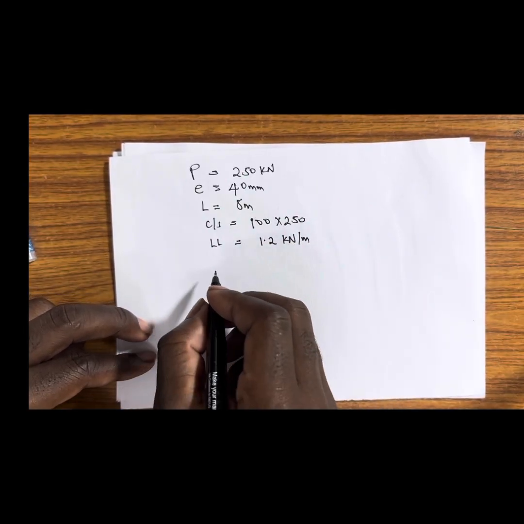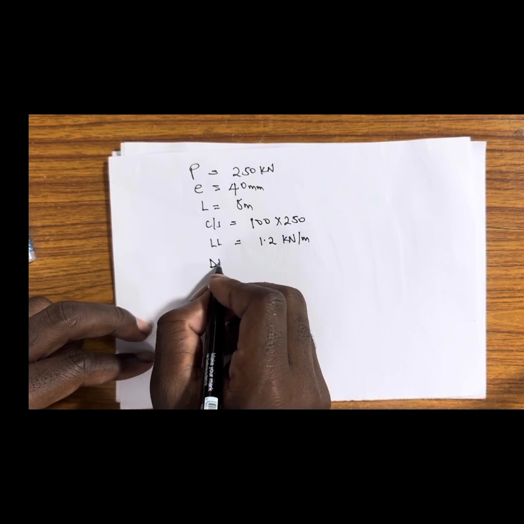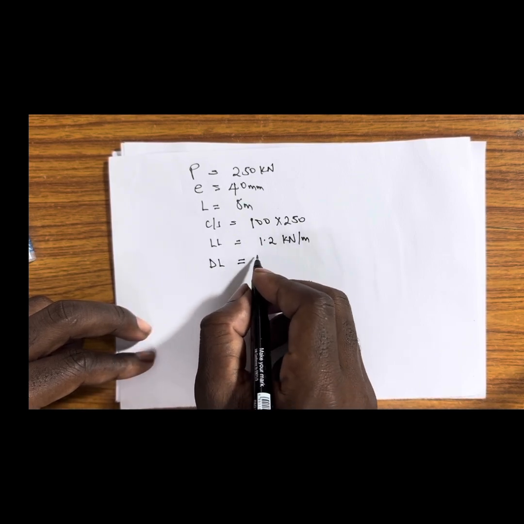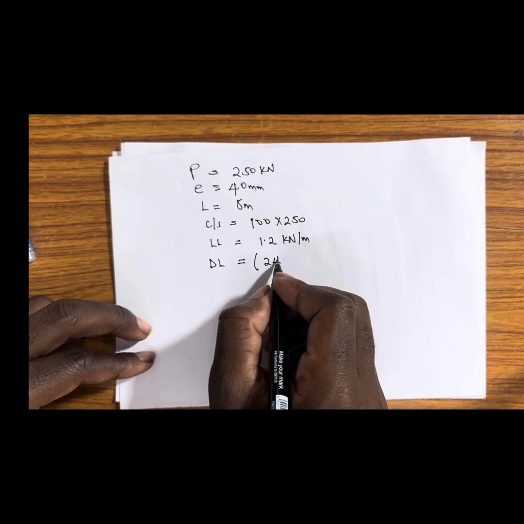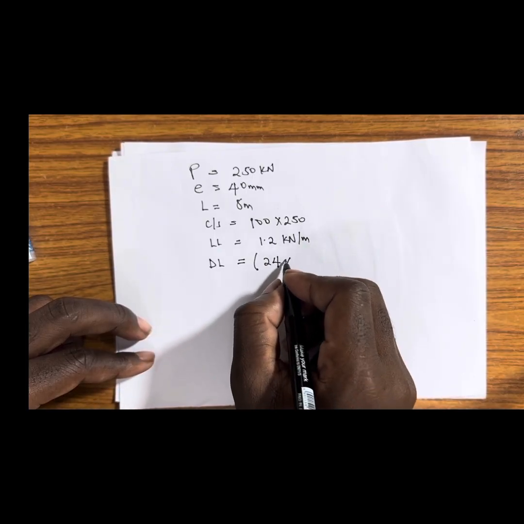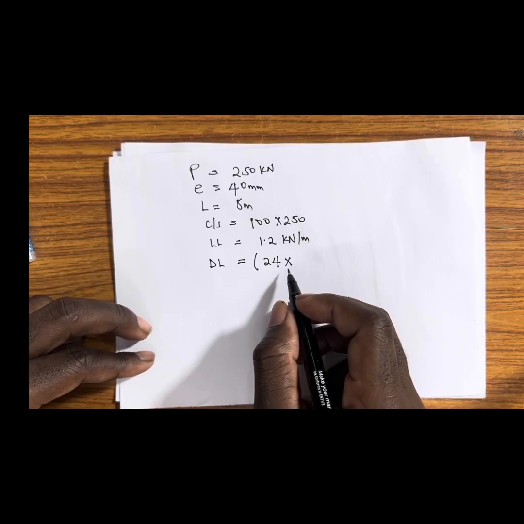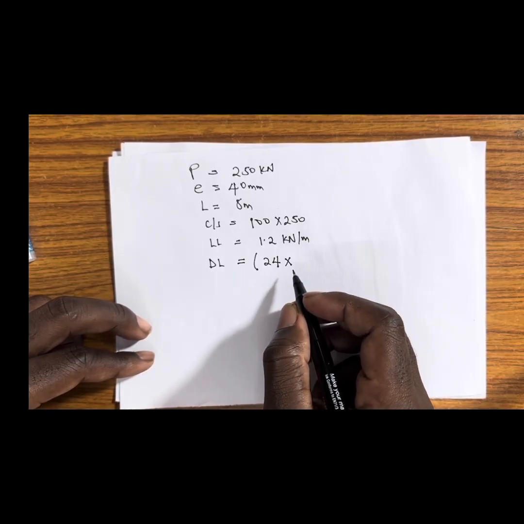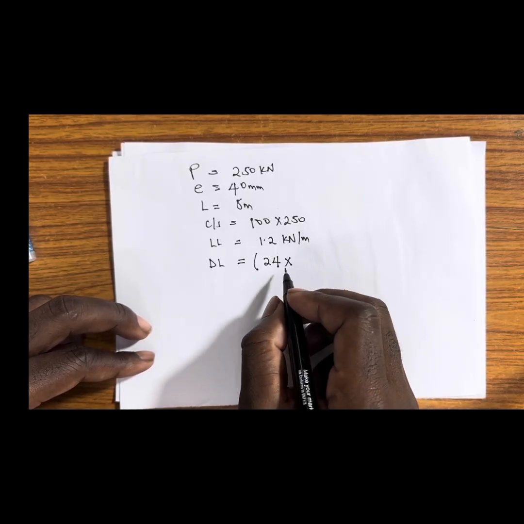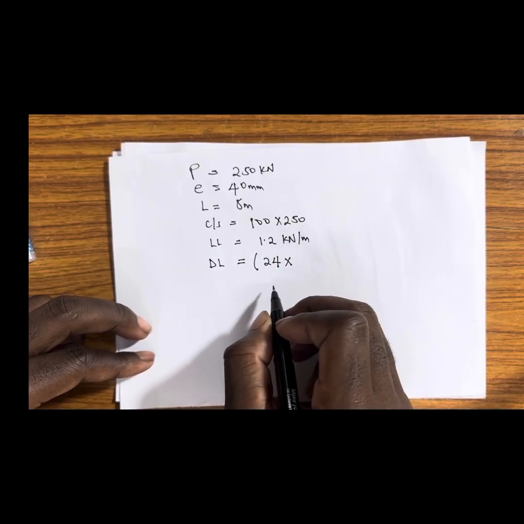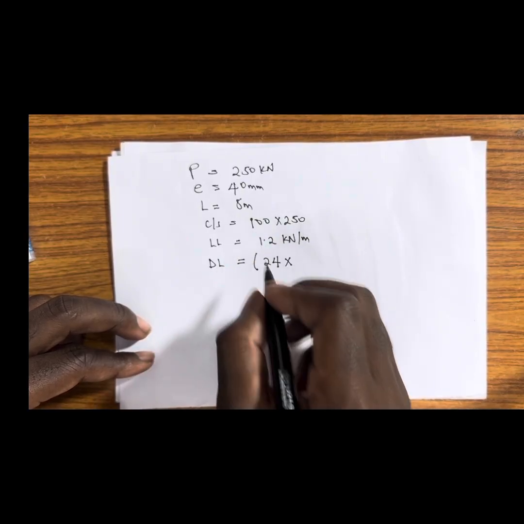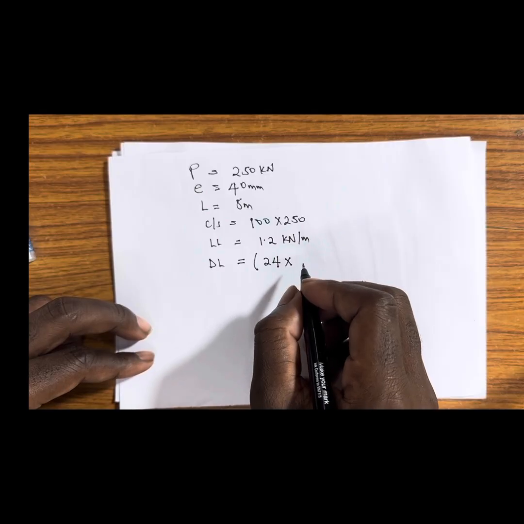Now from here you can also get the dead load. The density has been given to be 24. You can multiply this by the area. Kilonewton per meter cube is the density of the concrete, so you multiply with the area in terms of meter.